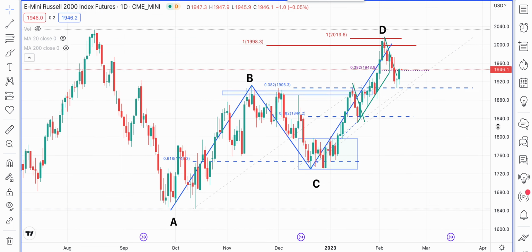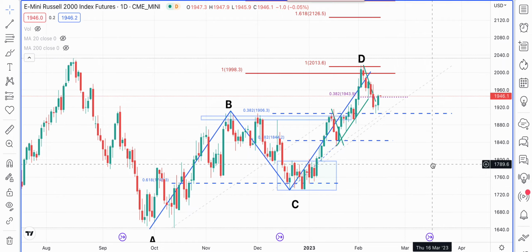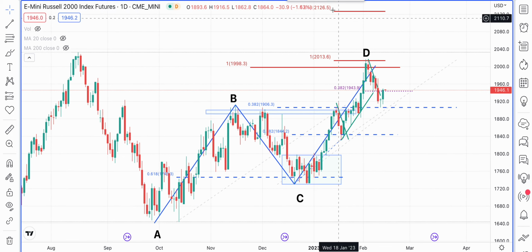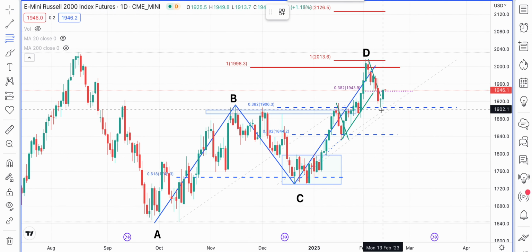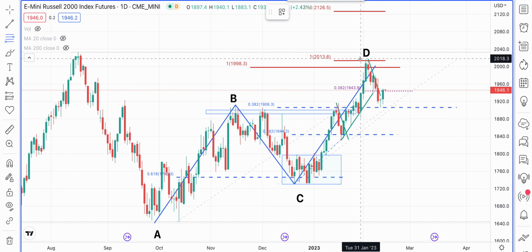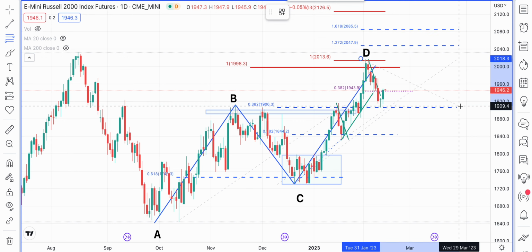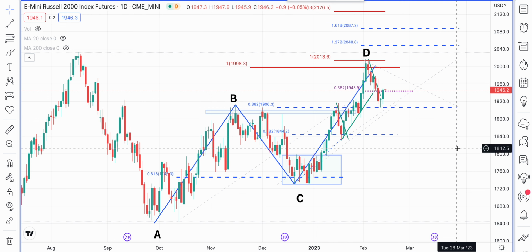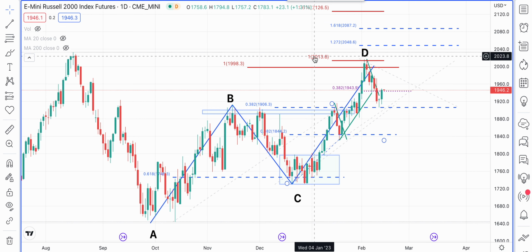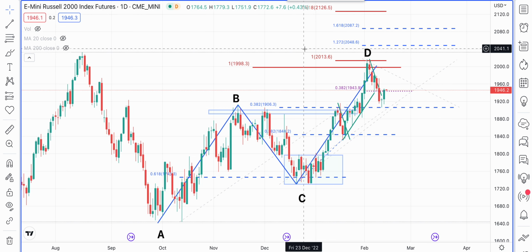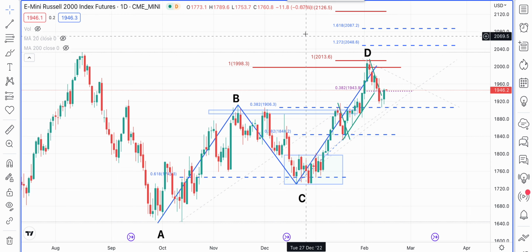Now, what we will do is, to get further targets, given that this 38.2% Fibonacci retracement level will hold, we'll just draw the expansion levels, and the two levels we are going to take a look at are roughly about 2050, and above that we have 2090.